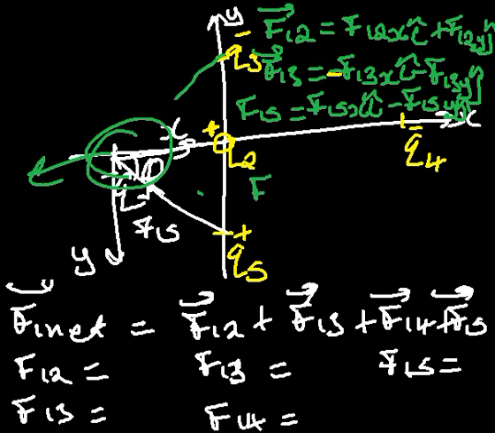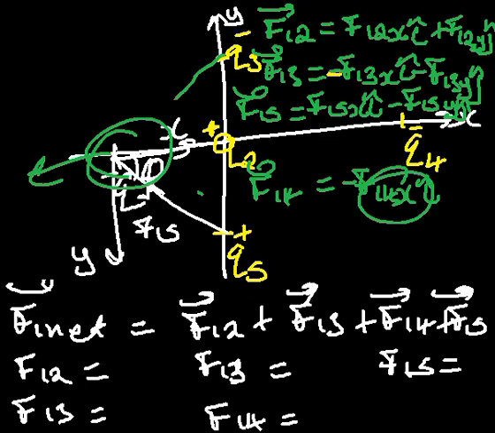So F14 as a vector will be given as, now since the force is acting horizontally towards the negative X direction, we'll have negative F14x i, of which we know that the magnitude of this one will be the same as F14. It will be the same force. Anyway, plus F14y j. So that's how it will be.